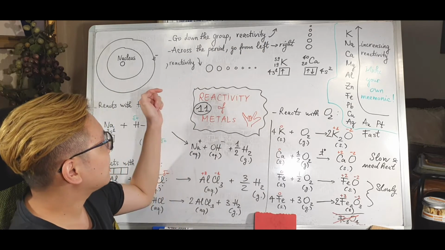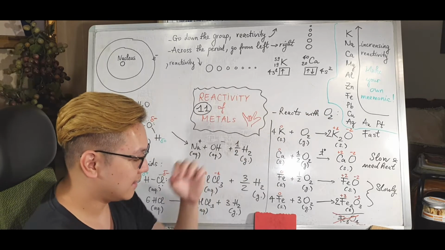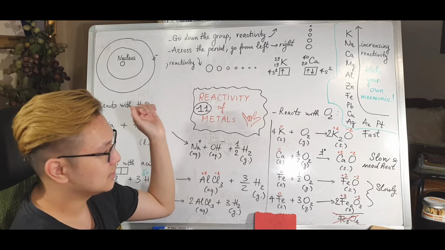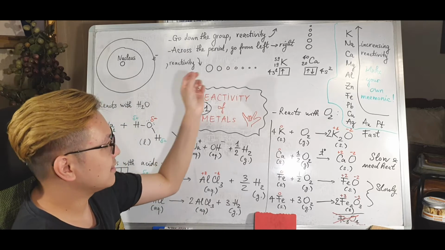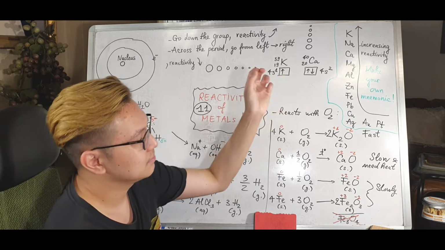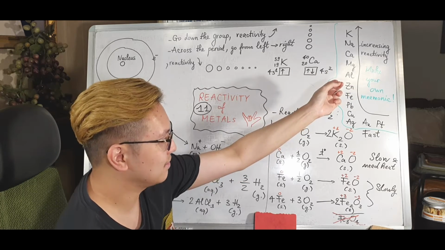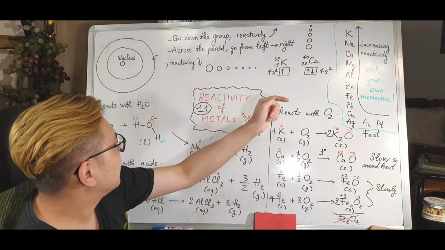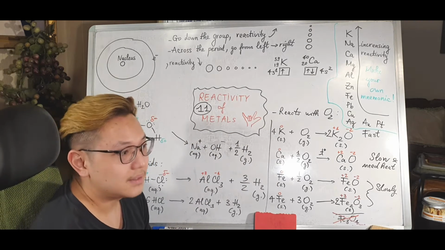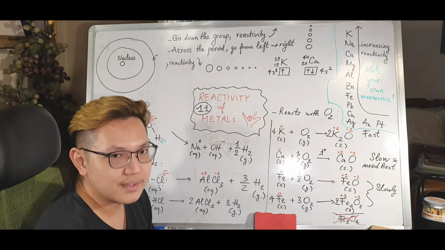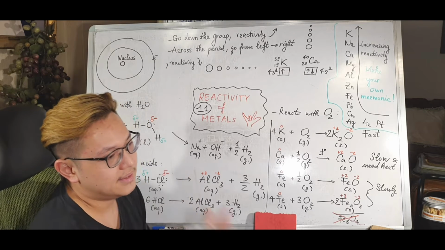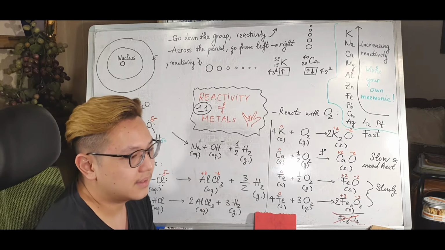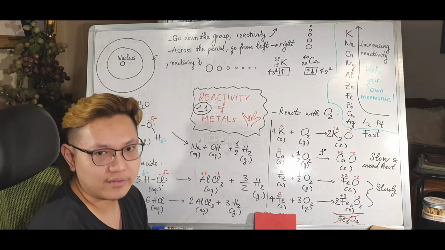And if you go across the period from left to right, let's say from sodium, magnesium, aluminium, and so on, the reactivity will just decrease. And there's a reason for that. Well, we found these things by experiments, but there are basically reasons. There's a reason for everything.